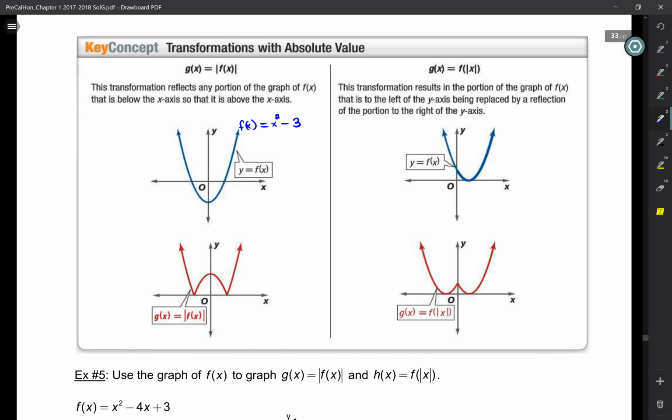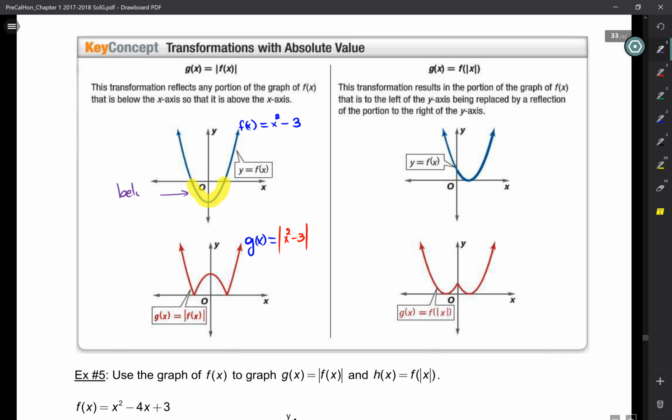Yeah. Now, suppose I took that one. So let's take a look at g of x. If I took that function and I put absolute values around it, that's what g of x would be. So basically, what absolute values do is take the part of the function that's negative and make it positive. So take a look here. All this is the part of the function that is negative.